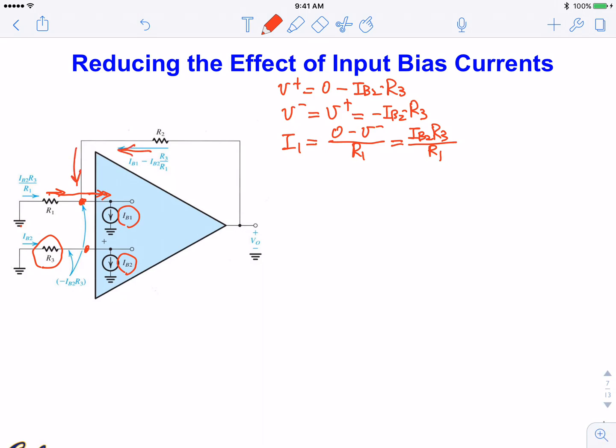So there's a Kirchhoff current law here. Then we can say I2, this current here, will be equal to IB1 minus I1, okay? So this will be I2.